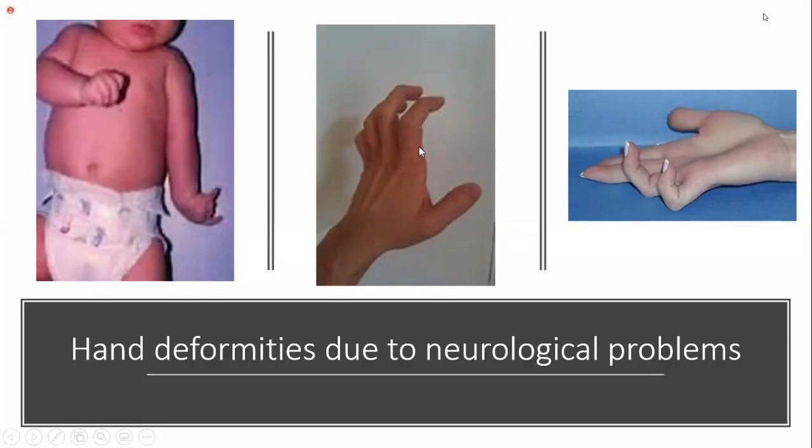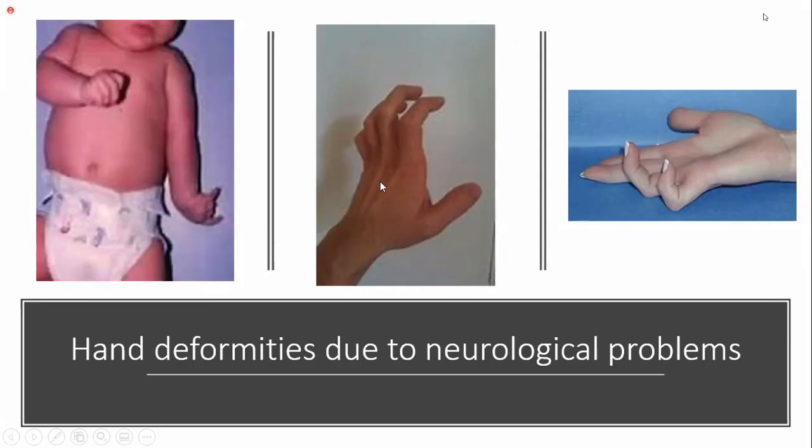This is what you call claw hand, right? And this is seen in lower brachial plexus injury, C8T1, right? You call it lower brachial plexopathy. Here what happens, the small muscles of the hand are supplied by C8T1, actually T1 segment of the brachial plexus.